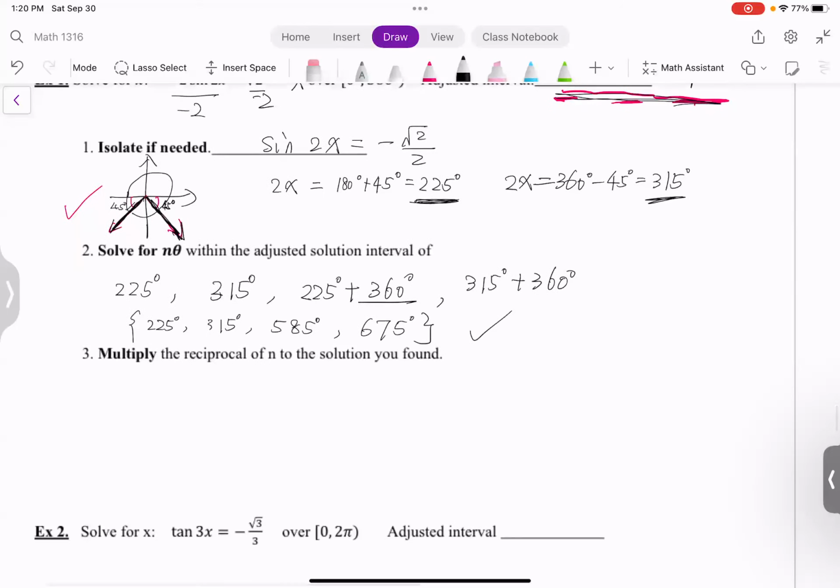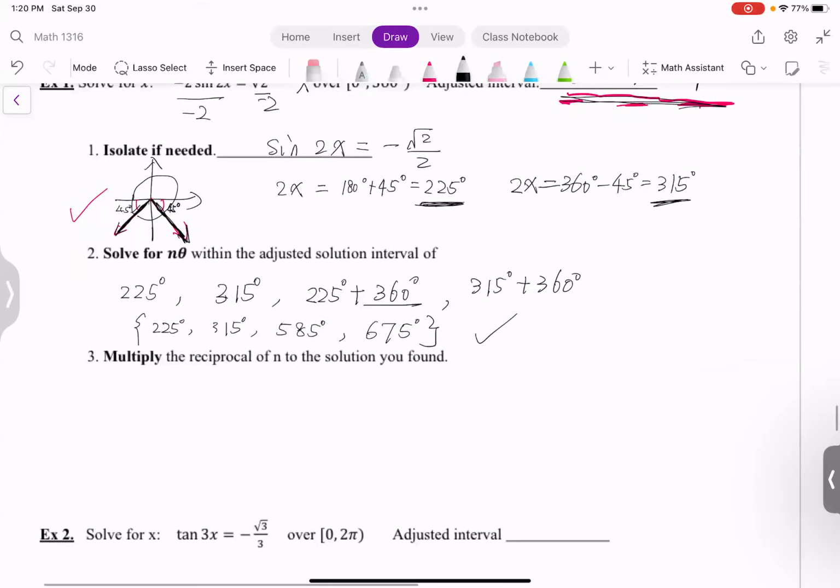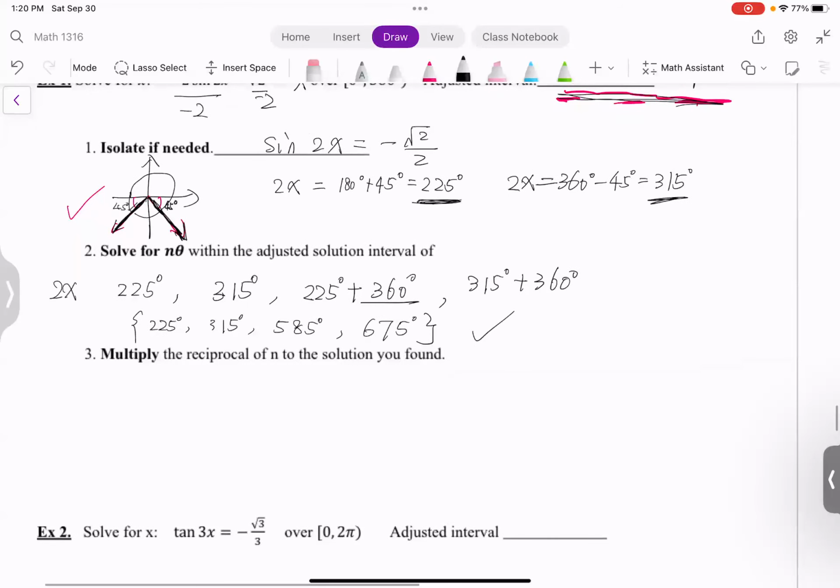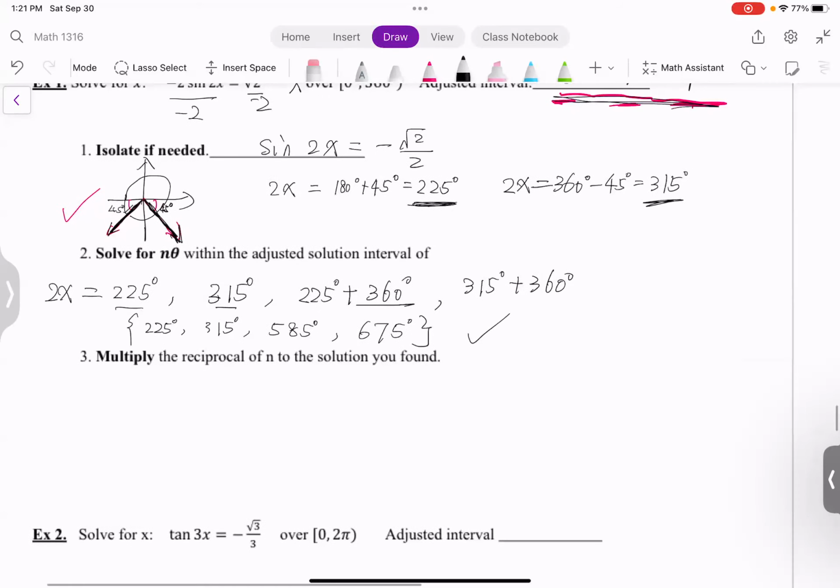Now, what should I do? These angles are values of 2x, so I should have 4 equations. 2x equals 225, 2x equals 315, and 2x equals 585 degrees.